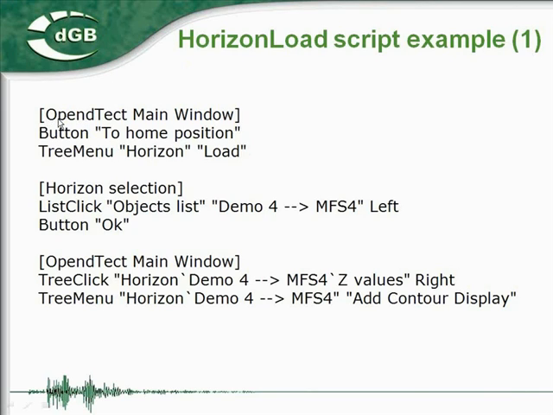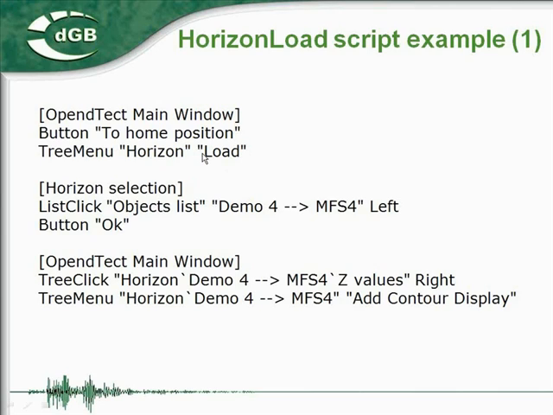Every paragraph starts with the name of the window in which the commands have to be executed. So in this case, between square brackets, OpendTect main window. Well, the first command we did in our demo was we clicked on a button called To Home Position. And then after that we went to the tree menu, and the tree item was horizon, and the menu item we selected was load.